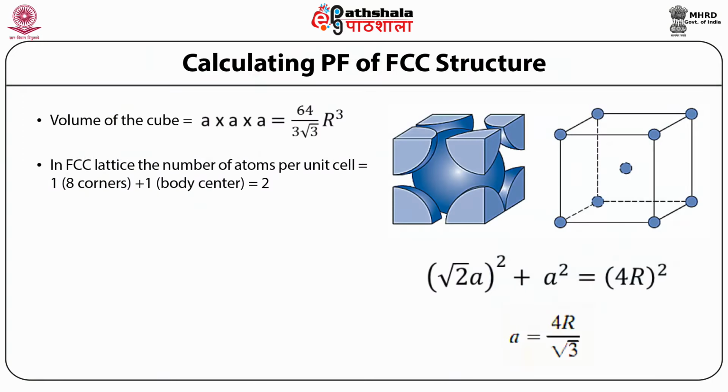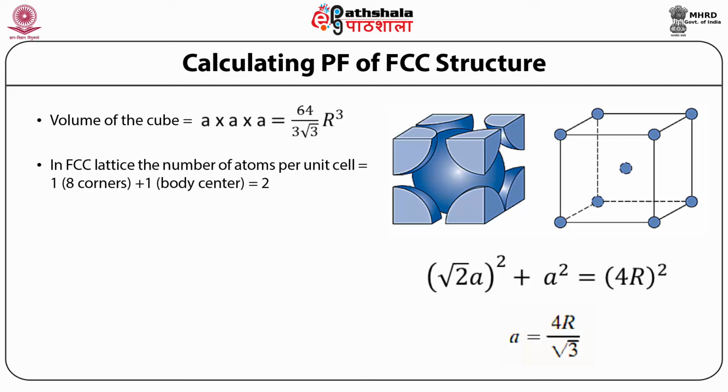So here we have shown another example of calculating the packing fraction, and you can see the structure is BCC, body centered cubic. There is a cubic structure, and in the body center of this there is one atom, and parallel to this we have shown another structure where the model represents only the atoms contained in the cube.